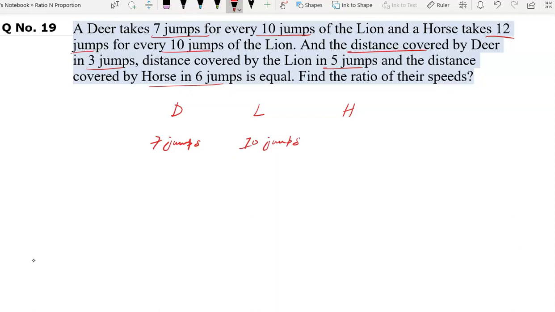And a horse takes 12 jumps for every 10 jumps of the lion. So horse will take 12 jumps. And it says the distance covered by deer in 3 jumps is equal to the distance covered by the lion in 5 jumps is equal to distance covered by horse in 6 jumps.